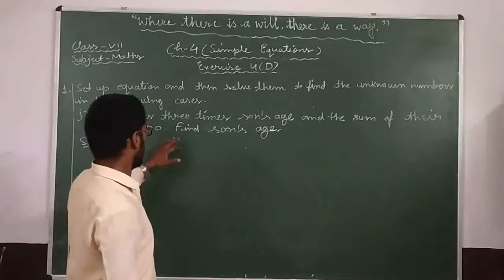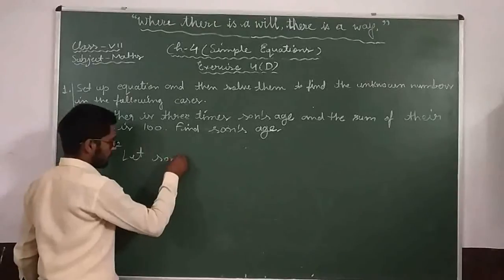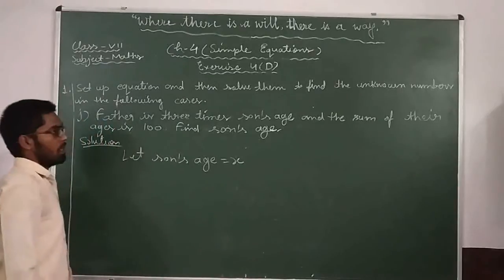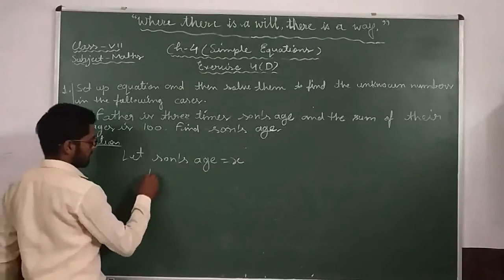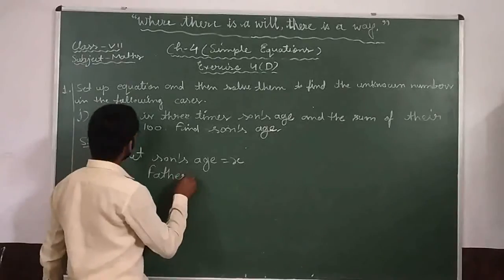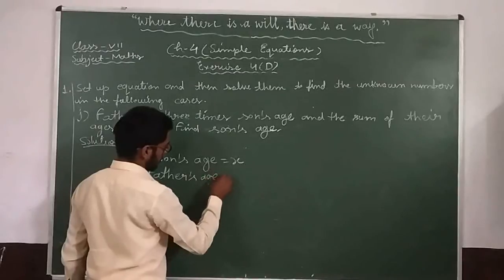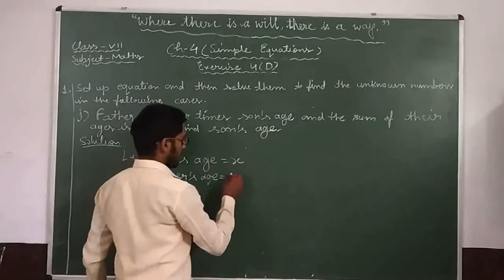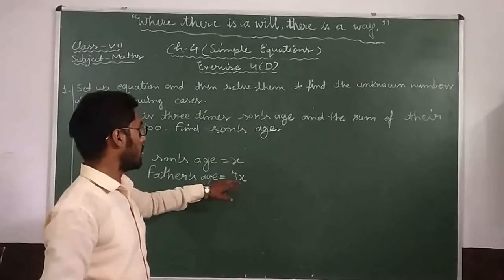So here, first let son's age be x. Son's age is x. Now father's age is 3 times son's age. It means 3x.